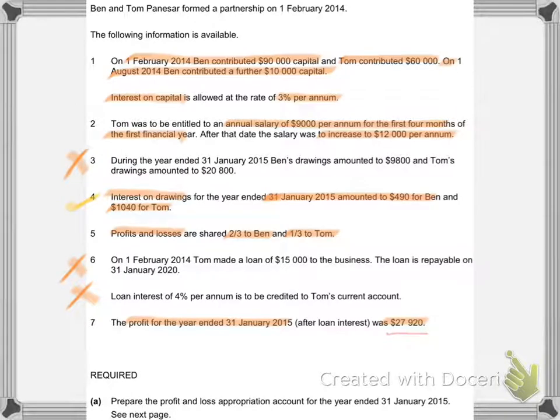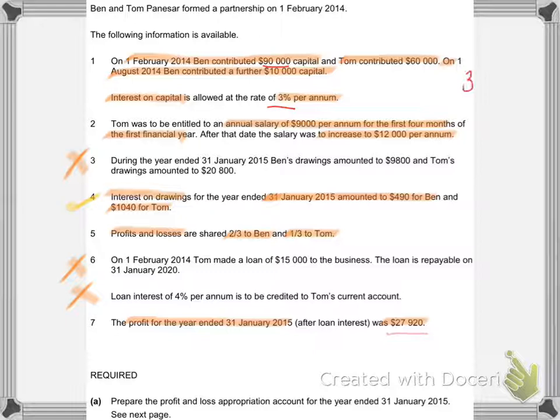Now the interest on capital for 1st February is 90,000 for Ben. There are 2 ways you can do this. First, we need to find 3% of 90,000 for Ben, because on 1st February 2014 his capital was 90,000.